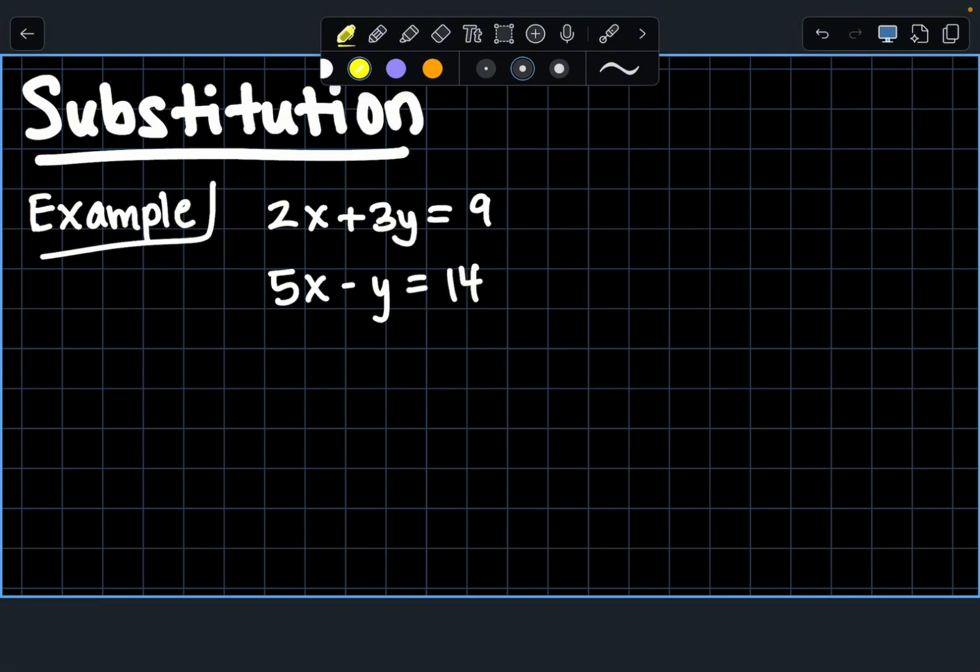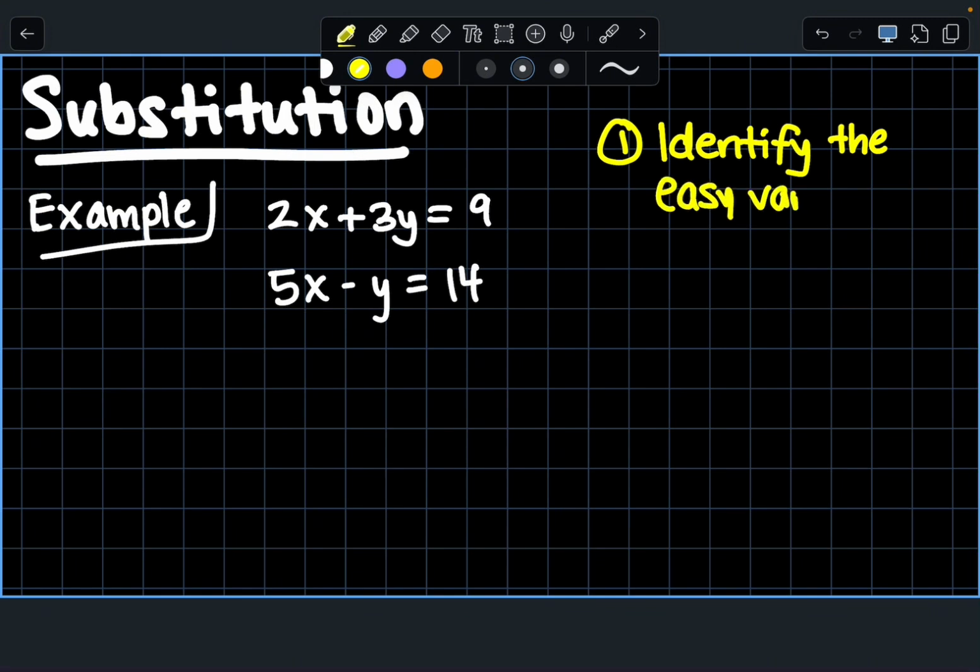So let me list out the steps for you, and I'll talk about what some of these terms mean. So first of all, what you want to do is identify the friendly variable. Let's call it the easy variable instead. Identify the easy variable. What does it mean to identify the easy variable?